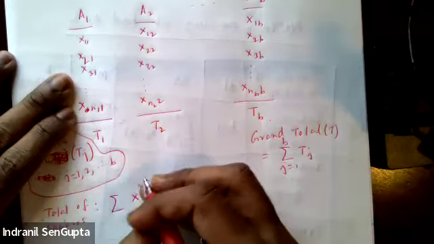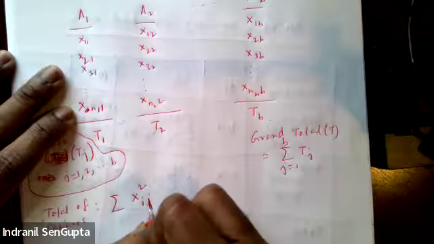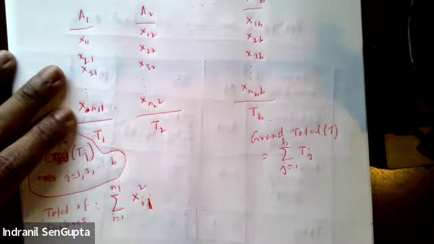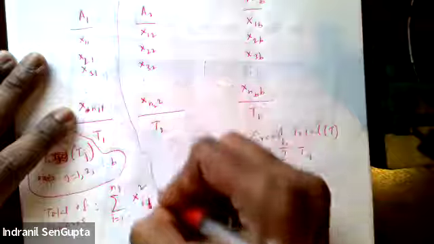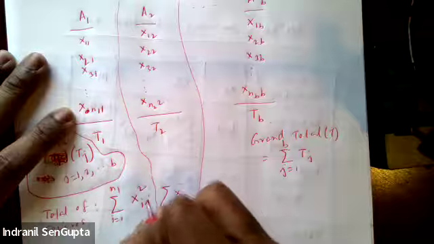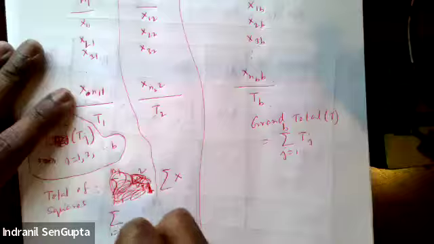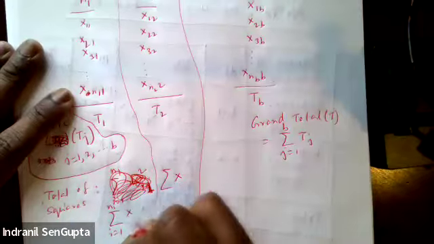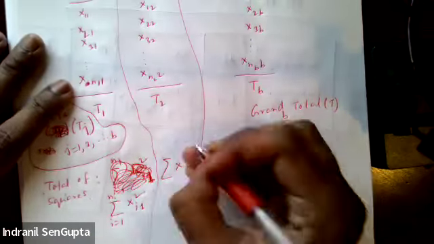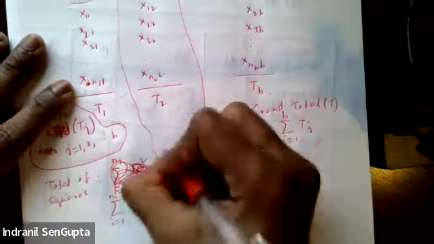So the first number is changing, x of i1 squared, and i runs from 1 to n1. Total of squares for this one is, let me just write this way: i from 1 to n1 of x of i1 squared. This is x of i2 squared, i from 1 to n2.